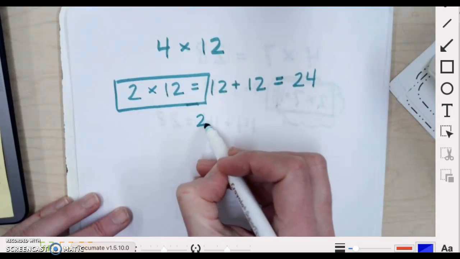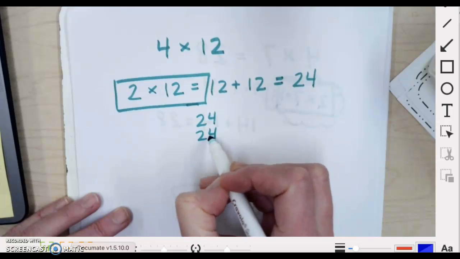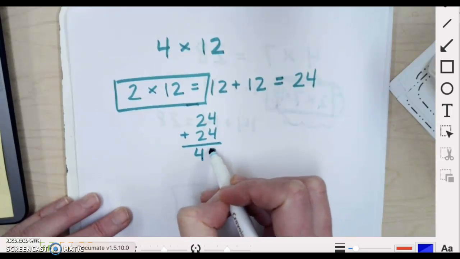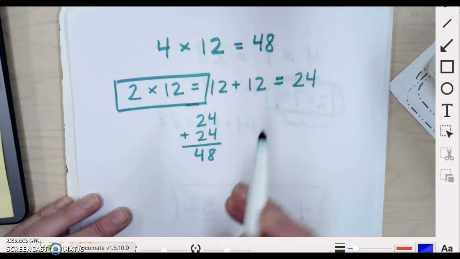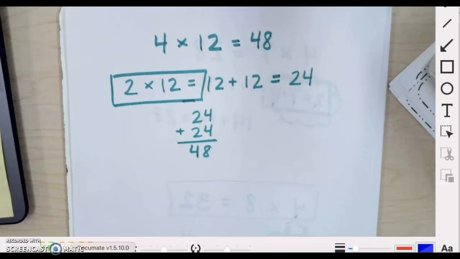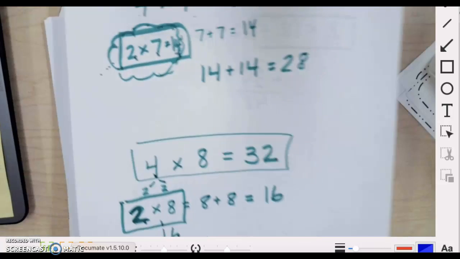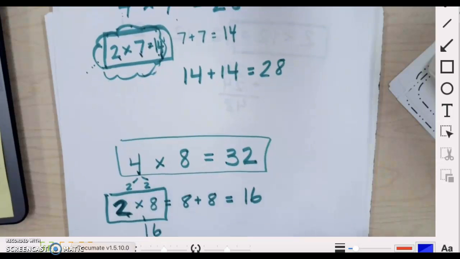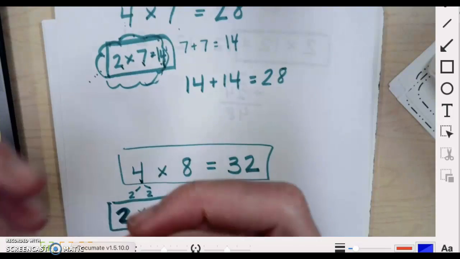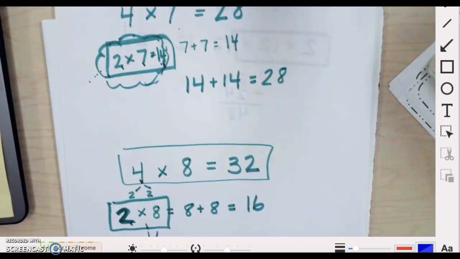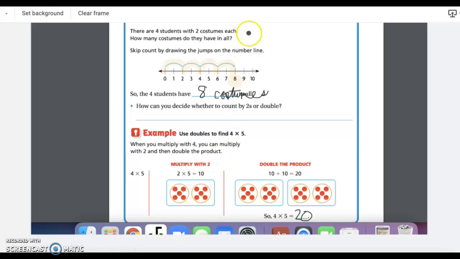So I just add 24 plus 24, and I get 48. So 4 times 12 is 48. We're going to be using that strategy. Like I said, you're going to end up memorizing your 4s table, but the 2s can help you with the 4s because they're related. All right, now let's flip back to our math book.